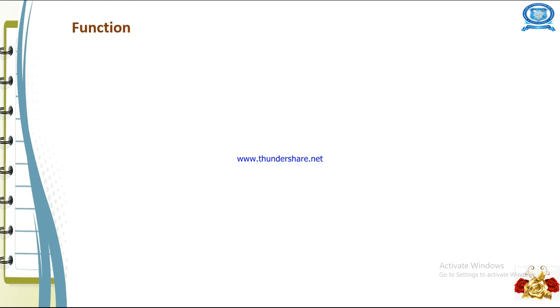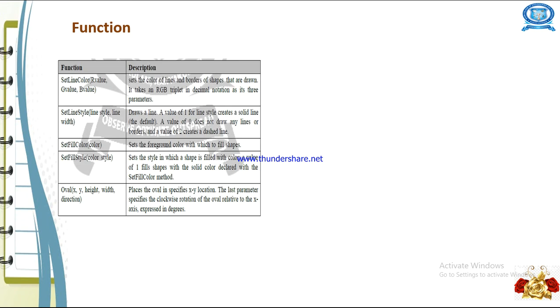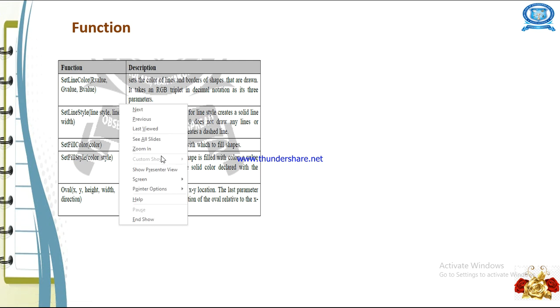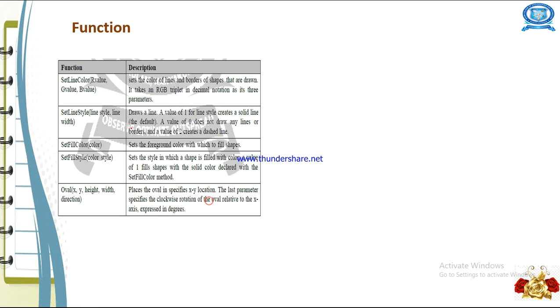Okay. Here are some of the functions used with this ActiveX control. First, see some of the sample functions: set line color, set line style, set fill color, set fill style, and oval.